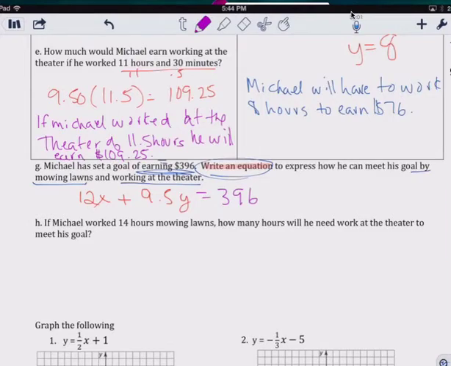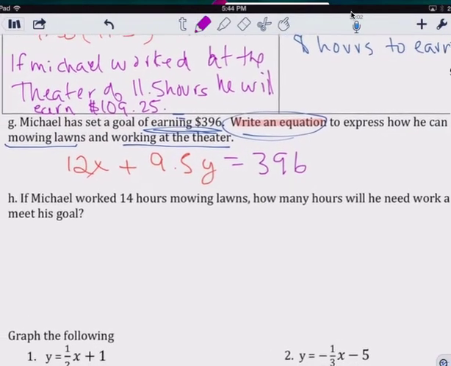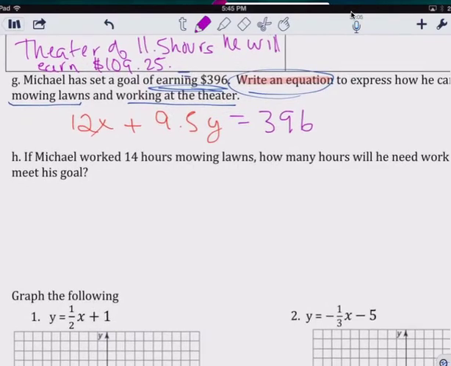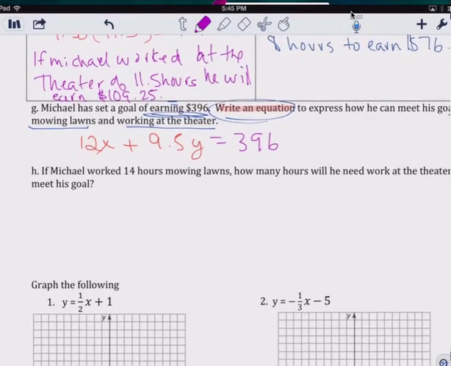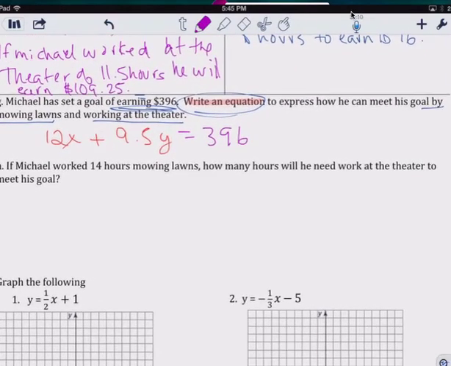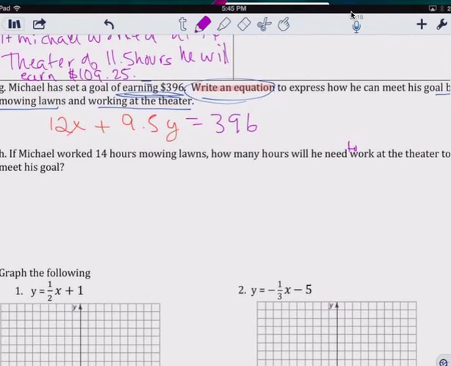If Michael worked 14 hours mowing lawns, how many hours will he need to work at the theater to meet his goal?